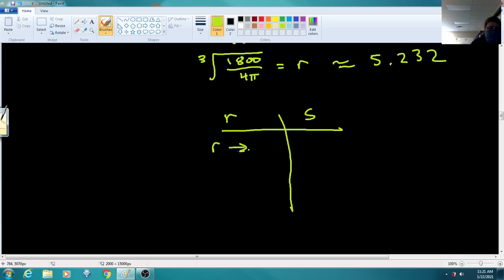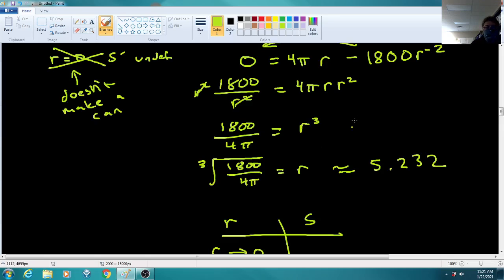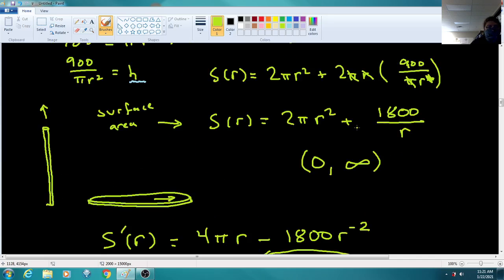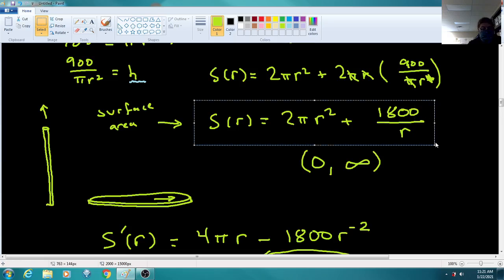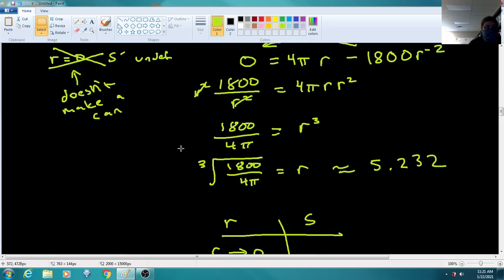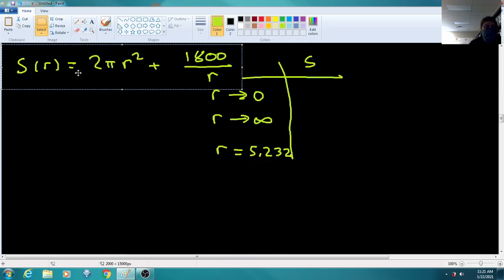We'll look at what goes on as r goes to 0, what goes on as r goes to infinity, and what happens as r is 5.232. So we're going to go through and look at what happens in each of these cases.